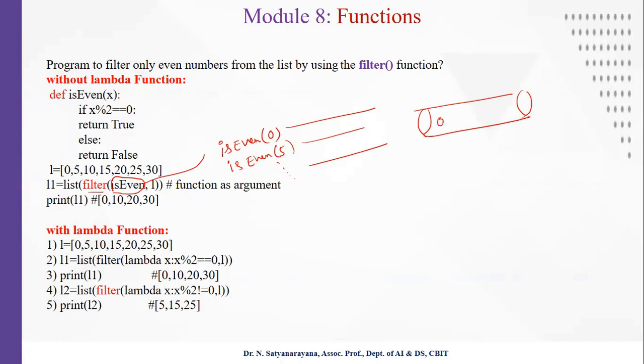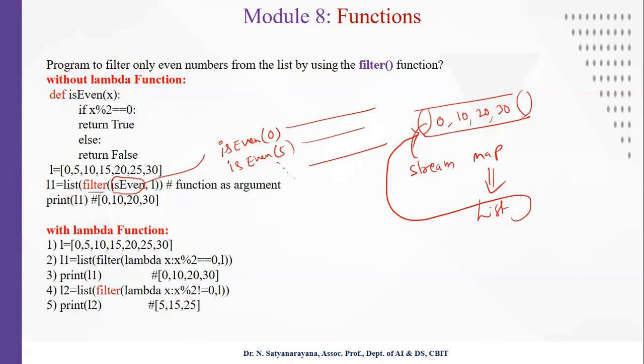So obviously 0, 10, 20, 30 will be returned back to a memory stream, and that's what the filter method is doing. So this is a memory stream, and now I want to map this memory stream to a new list. Then my list variable will be pointing to this memory stream. Thereafter, I can access the elements in the memory stream in the form of a list. Okay.